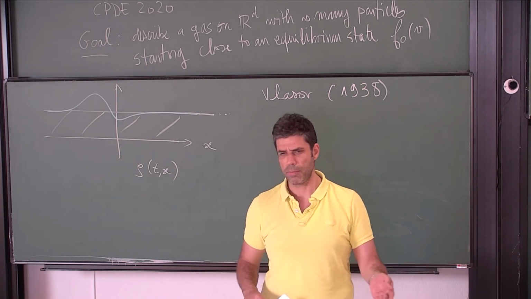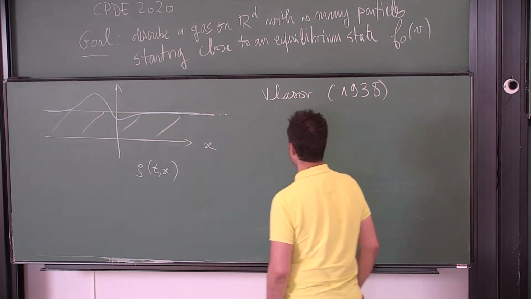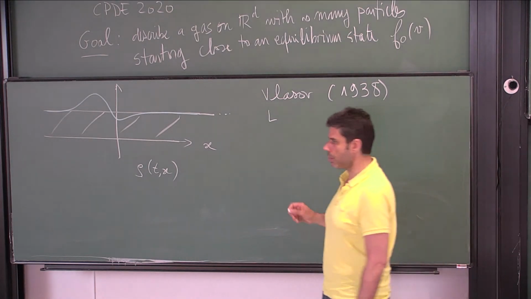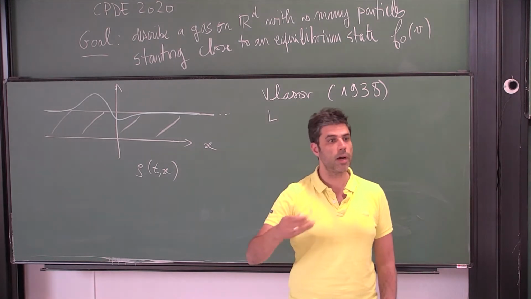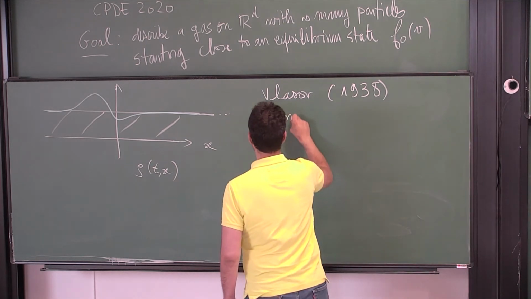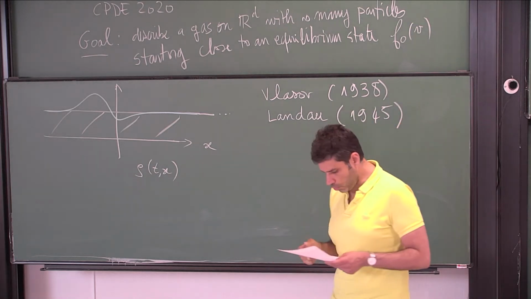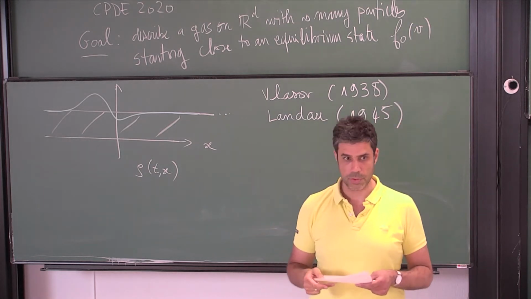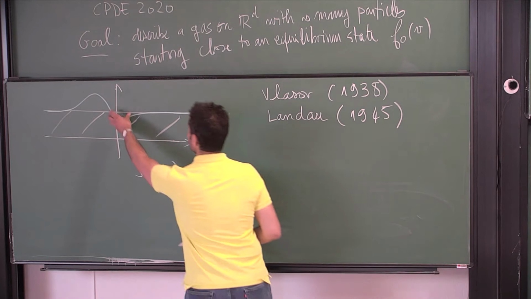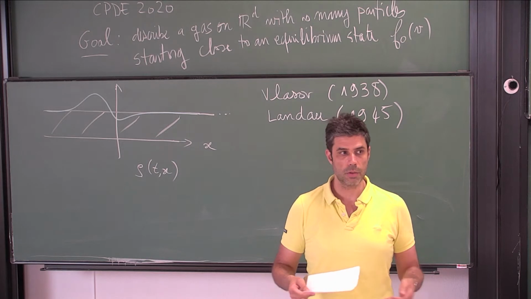Coulomb is, of course, a problem, because it's long range and you have to do some renormalization. I think the predictions of Vlasov were not quite right at the time. He was looking at the linearized problem to see the long time behavior of this perturbation, and this was corrected by Landau in '45, who predicted what will happen for a long time: your perturbation will disperse and disappear, a kind of return to equilibrium in a weak sense.